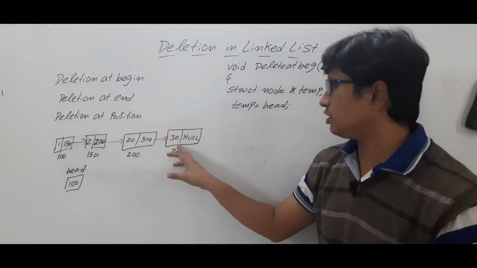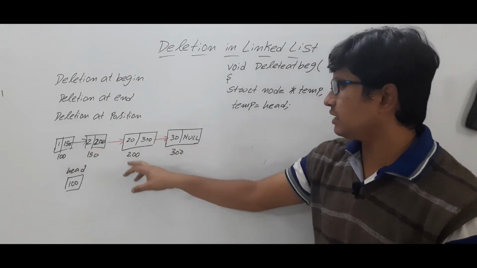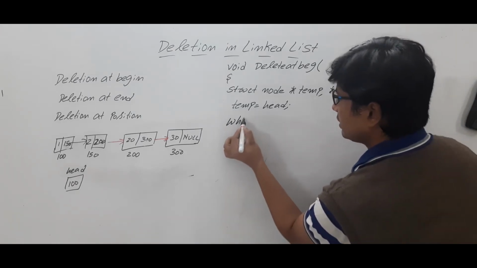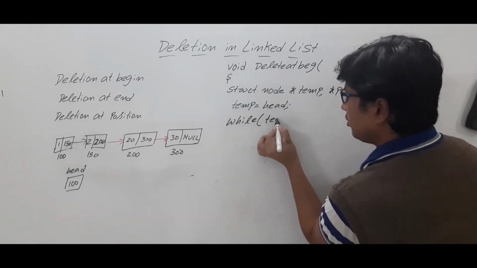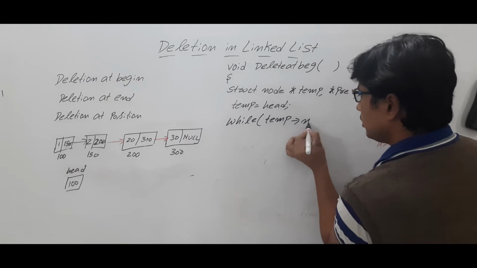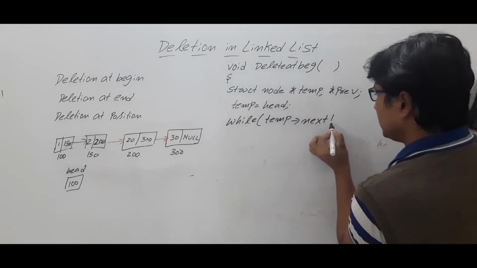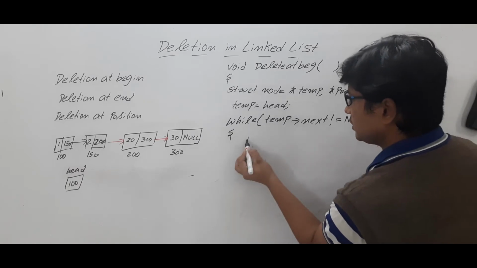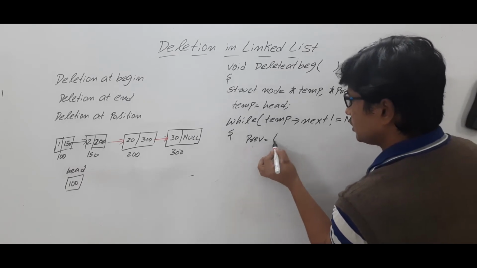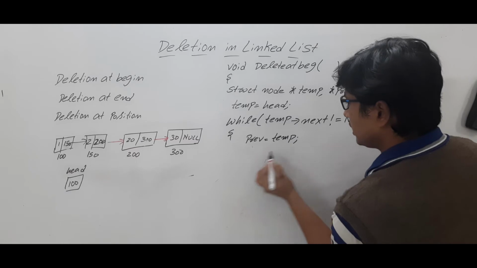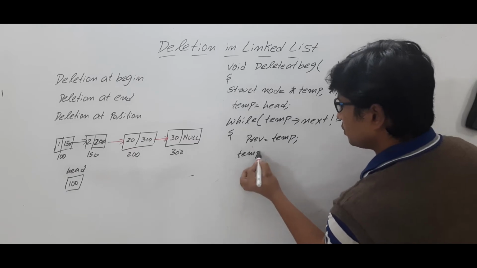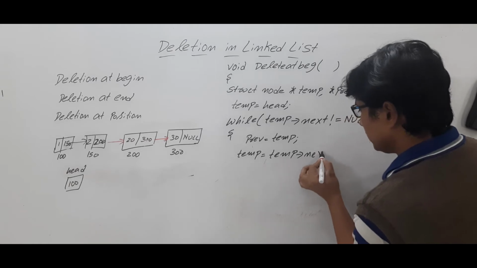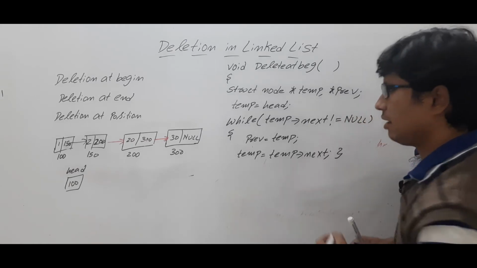Temp of next not equal to null means, look here, I will write this code for you. While temp of next not equal to null, then what you need to do is write previous is equal to temp, temp is equal to temp of next. Let me complete this one and then I will explain what will happen.